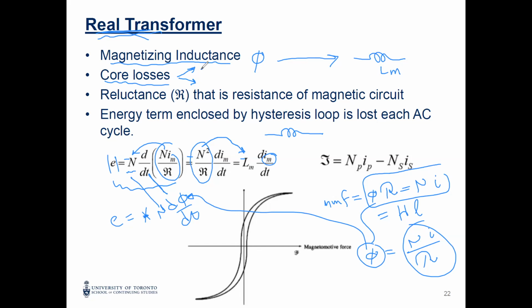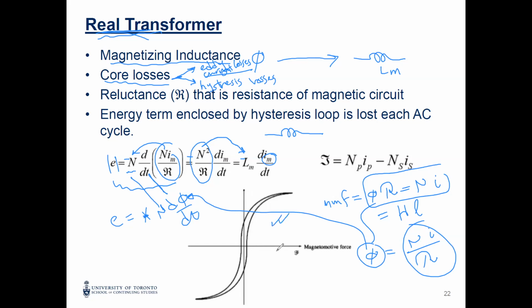One is the eddy current losses that we discussed at the beginning of this module in the laminations part. The second one of the core losses is something called the hysteresis losses, and we discussed this in the magnetic circuit.